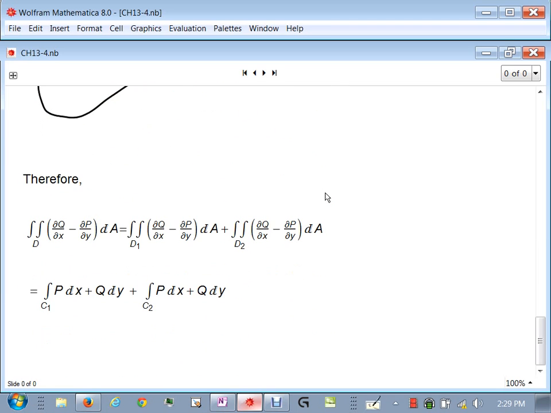Therefore, the double integral over D, okay, D was the part with the hole cut out of it, right? That's Green's theorem. This double integral was D1 and D2 put together, yes? But by the fundamental theorem of line integrals, it should be the line integral of C1 plus the line integral of C2. Why?